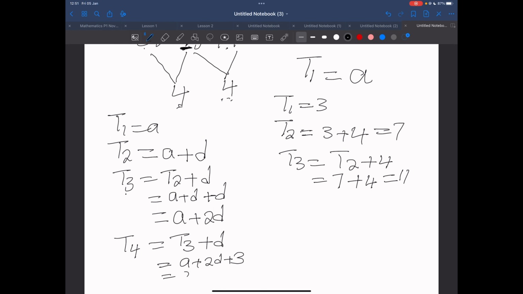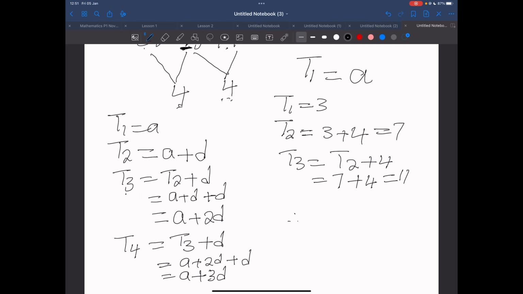So we'll have A plus 3D. So this is term number 4.